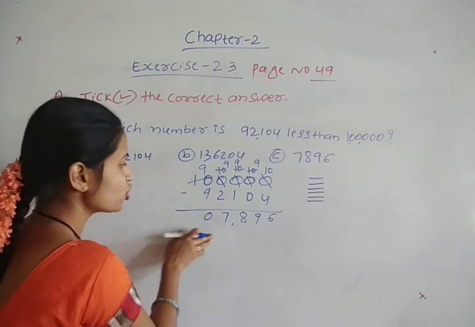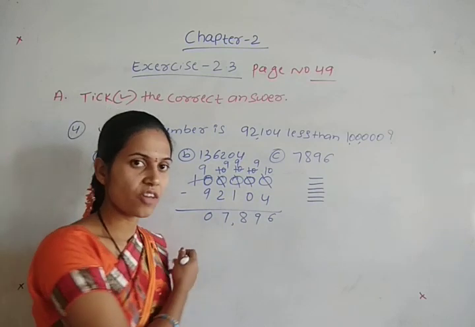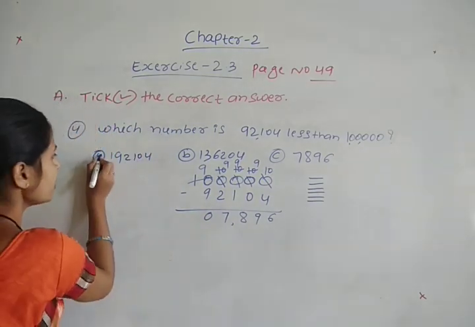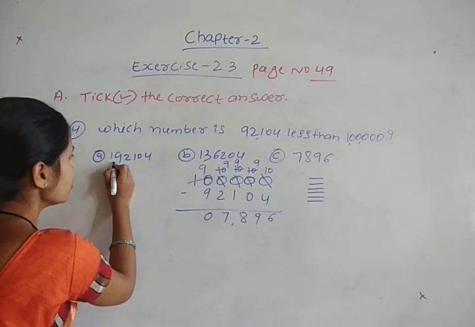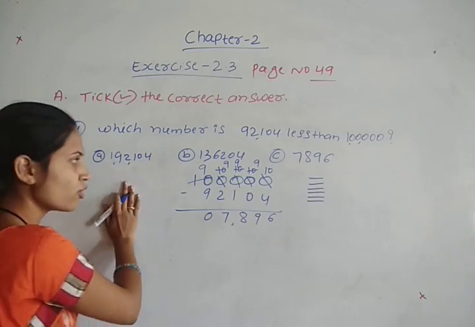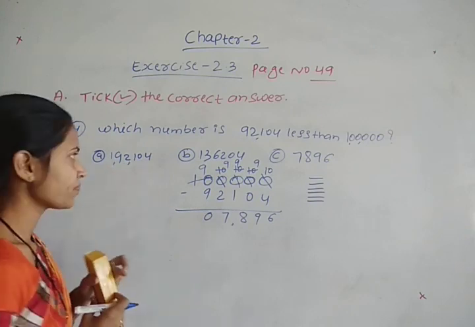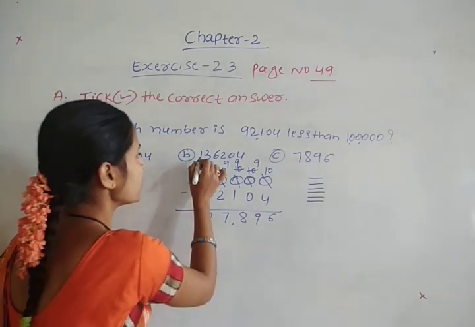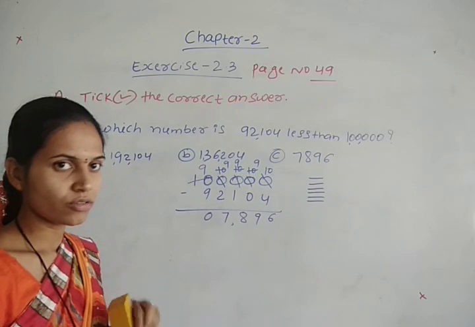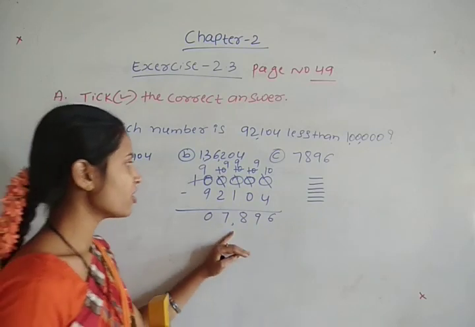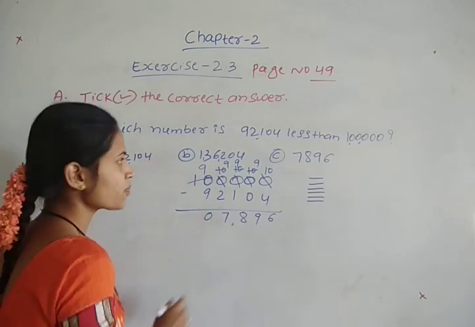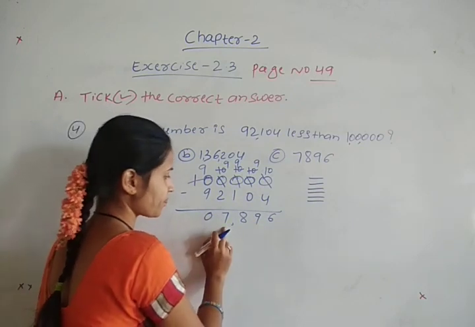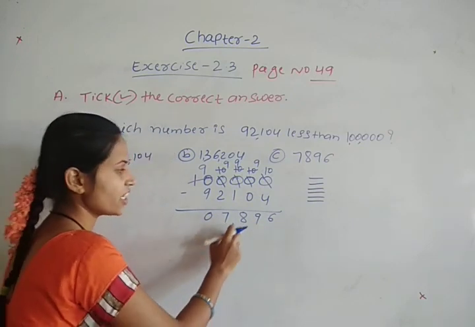Now check which option has the value 7,896. Option A is 1,92,104, which is not the answer, so leave it. In the second option we have 1,36,204, which is not matching with the given one, so leave it. The C option is matching with this one: 7,896.